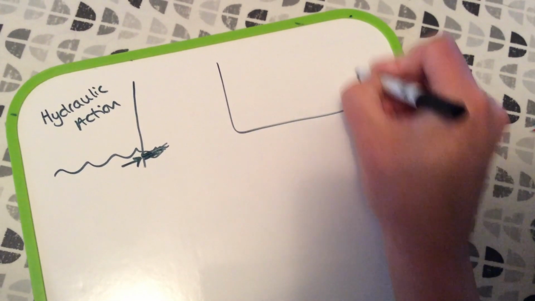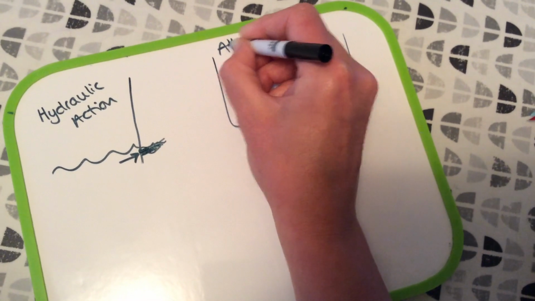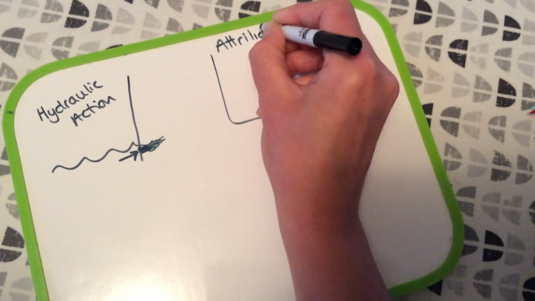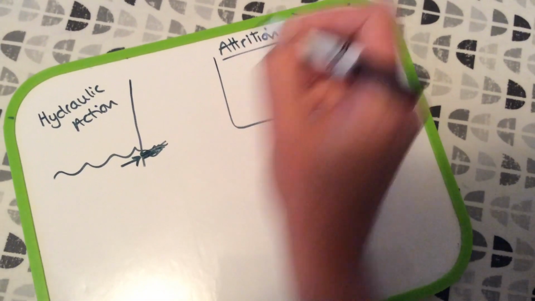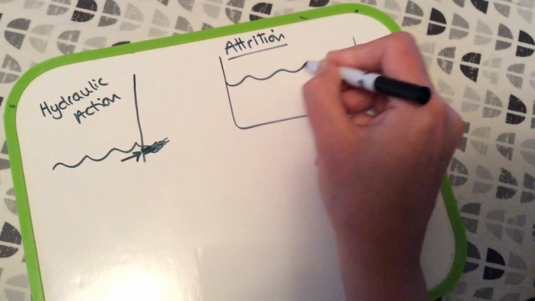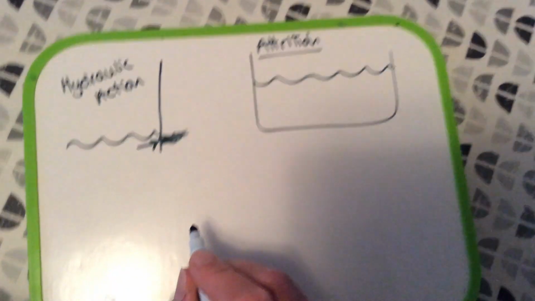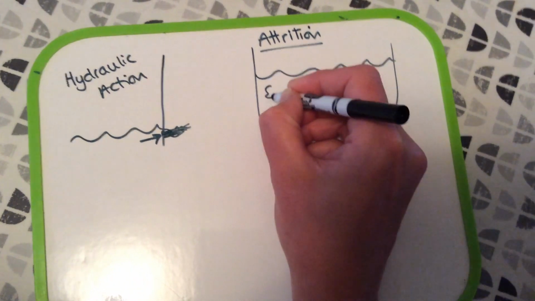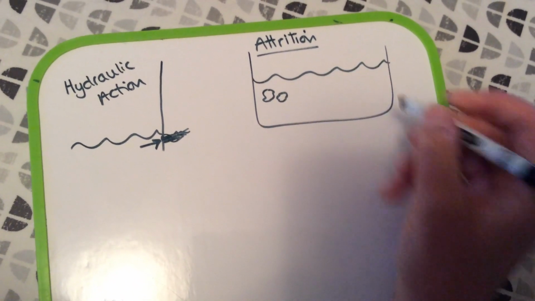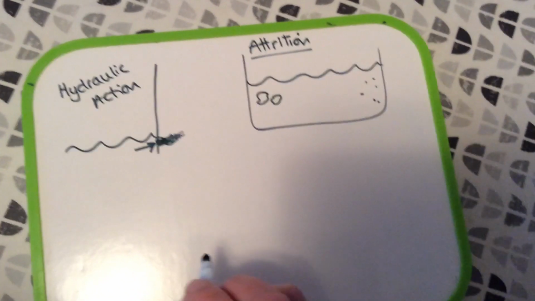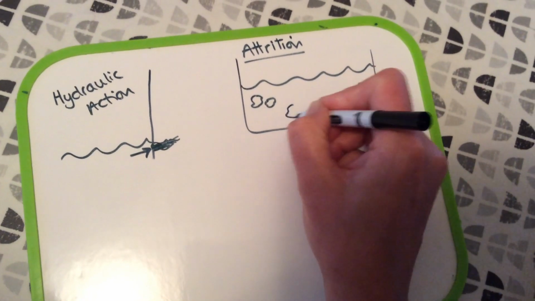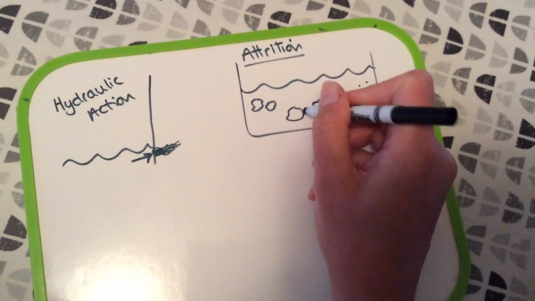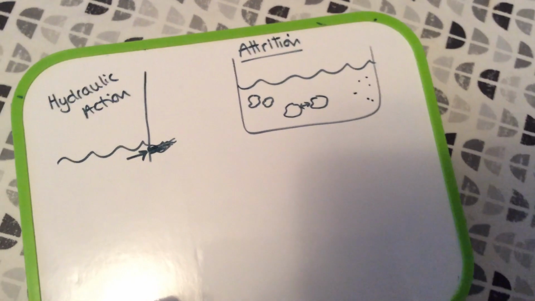Secondly, we've got attrition. Hopefully this is coming back to you from when we learned about rivers. Attrition. This is the sea here. In the sea, there are lots of bits, mainly pebbles and rock and sandy bits, small bits, bits of shell, all sorts of things. Okay, 2 of these pebbles bang into each other.